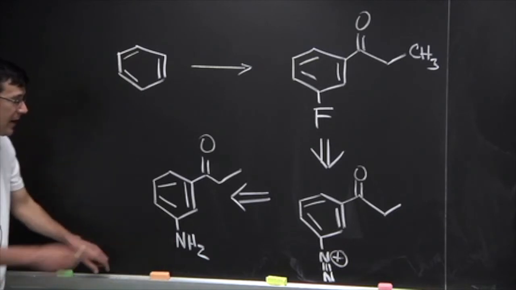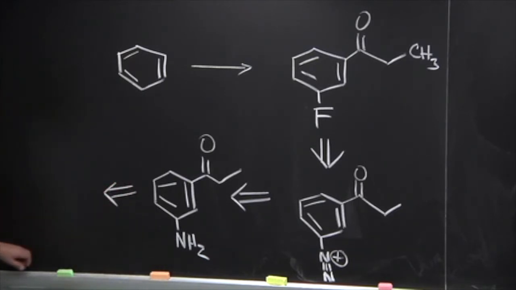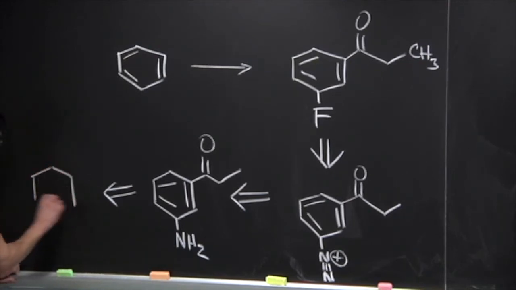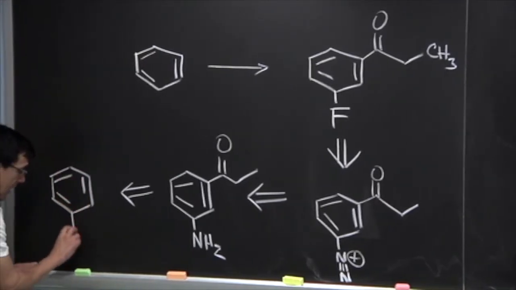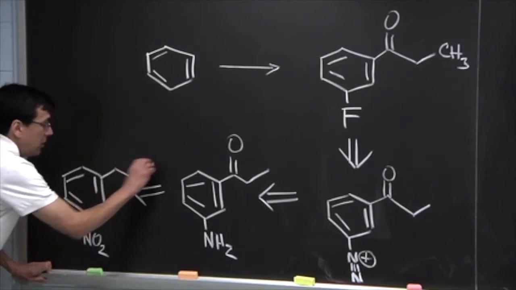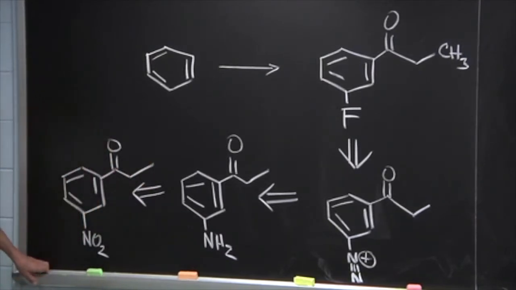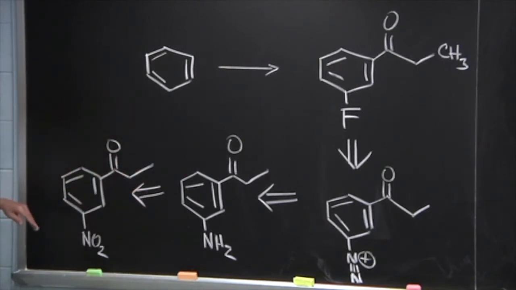And then where do anilines come from? An aniline can come from reduction of a nitro group. So if we had an NO2 group here, a nitro group, perhaps we could convert this along this path to the desired product.